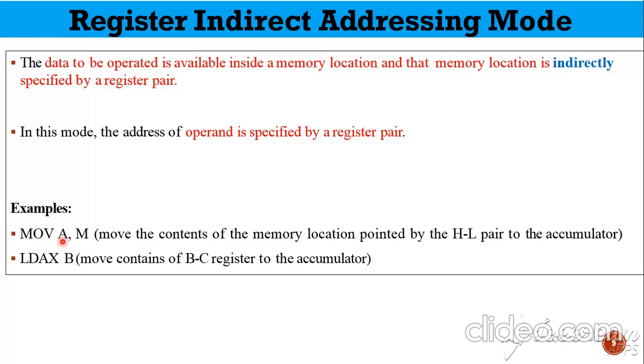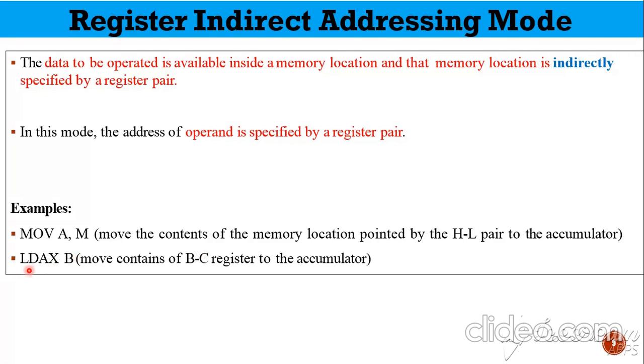MOV A, M indicates move the content of the memory location pointed to by the HL pair to the accumulator. So the instruction points to the HL pair. From the HL pair, the CPU processes the data from the memory location indicated by it.